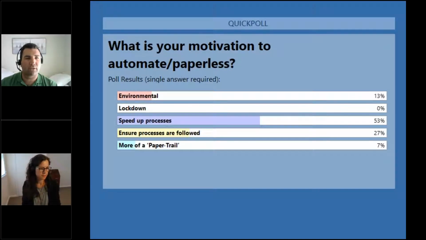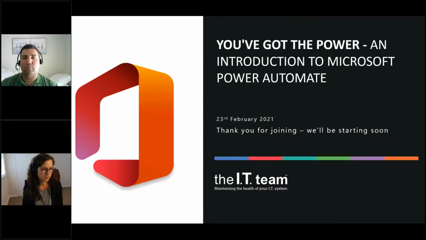Okay, that's good. So none for lockdown. I guess that would have been different a year ago. Environmental, speed up processes, ensure processes are followed, and more of a paper trail. That's cool. No, that's excellent. Speed up processes is a great reason to do it. Wonderful. All right, let's move on.